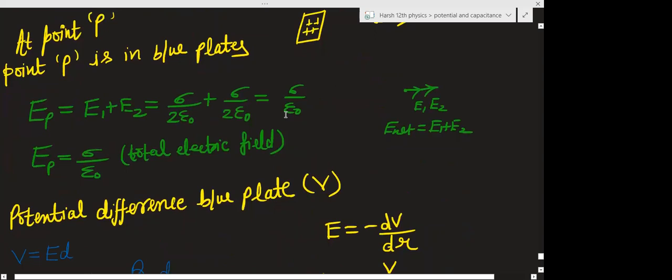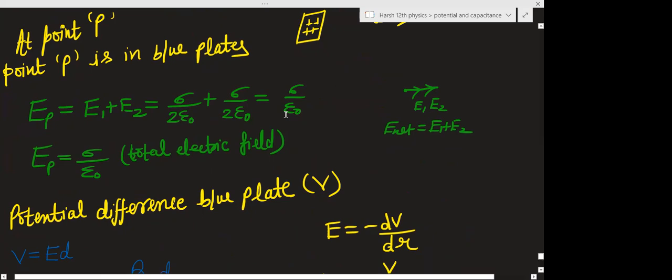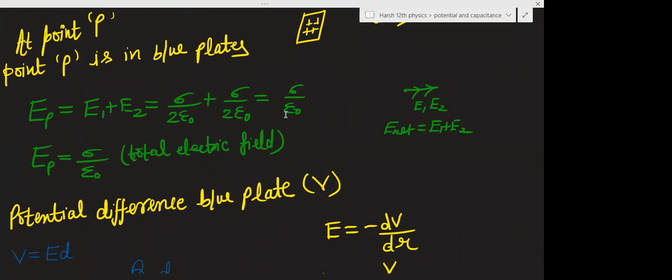But you have to remember that when a plate is given and there is a charge on that plate, whether negative or positive, and someone asks to calculate the electric field at some distance, then the magnitude of electric field is given by sigma by 2 epsilon naught, due to a single positively charged plate or a single negatively charged plate.